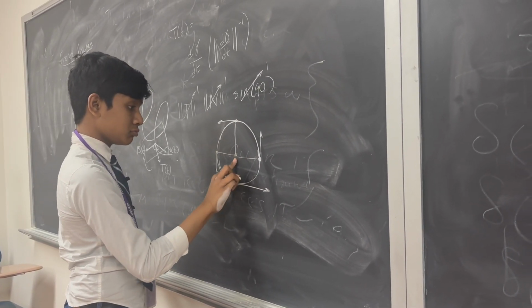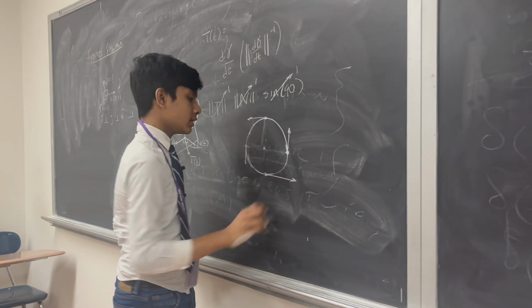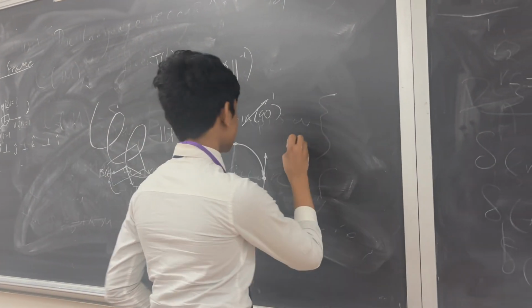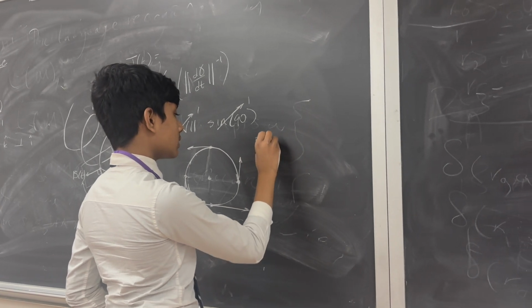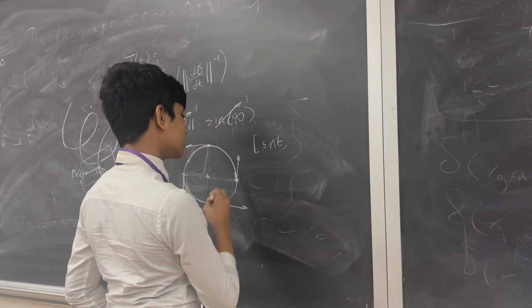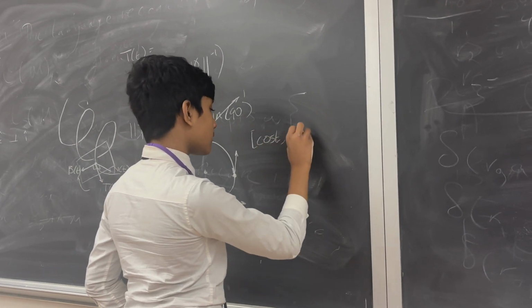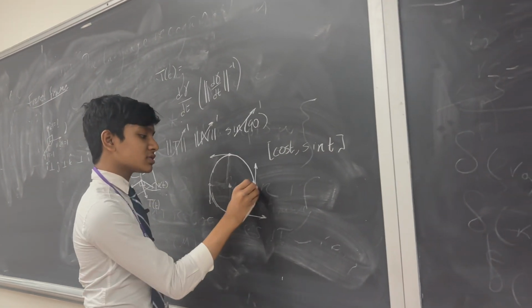So we can start by defining this as, let's actually call it cosine t, sine t, so that at t equals 0, it starts here.